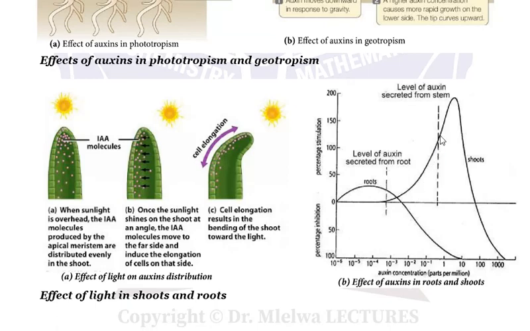That means on this horizontal x scale, if the concentration of auxin increases, then the root development is inhibited. For example, at this auxin concentration, root development is inhibited completely. But as you can see, at this concentration is where the shoot development is stimulated more.